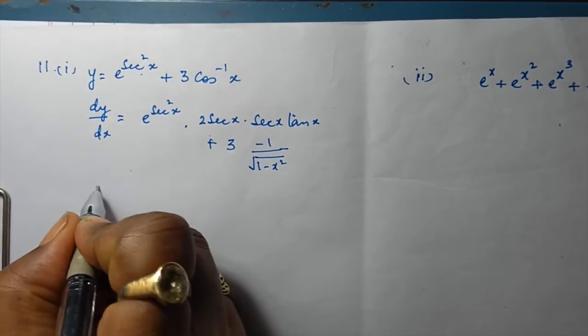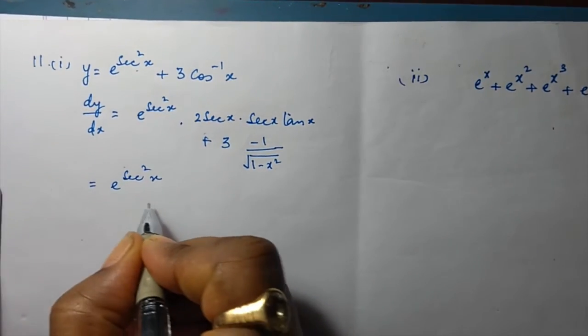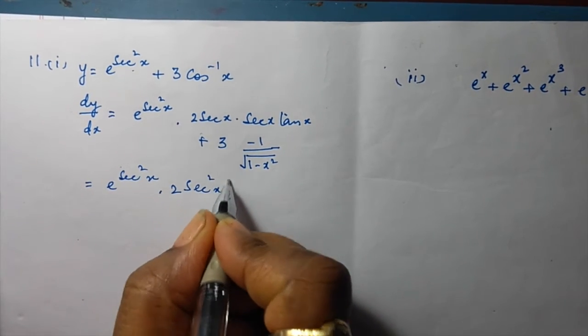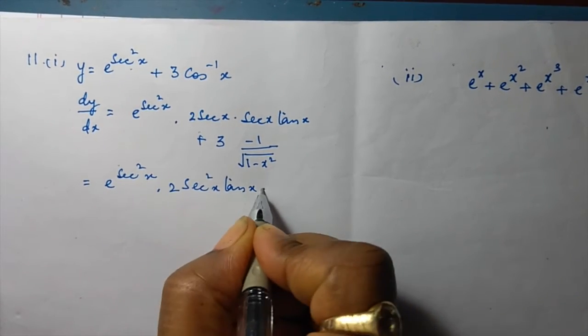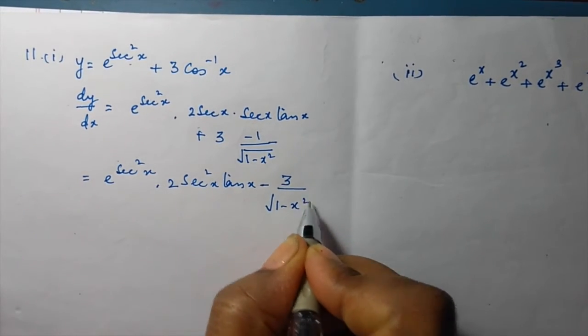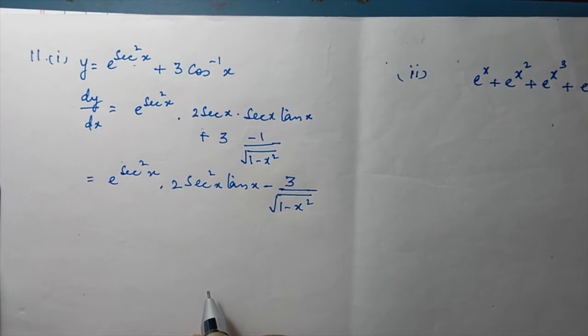So I get e to the power of sec square x, 2 sec square x tan x minus 3 upon under root of 1 minus x square. This is my answer over here.